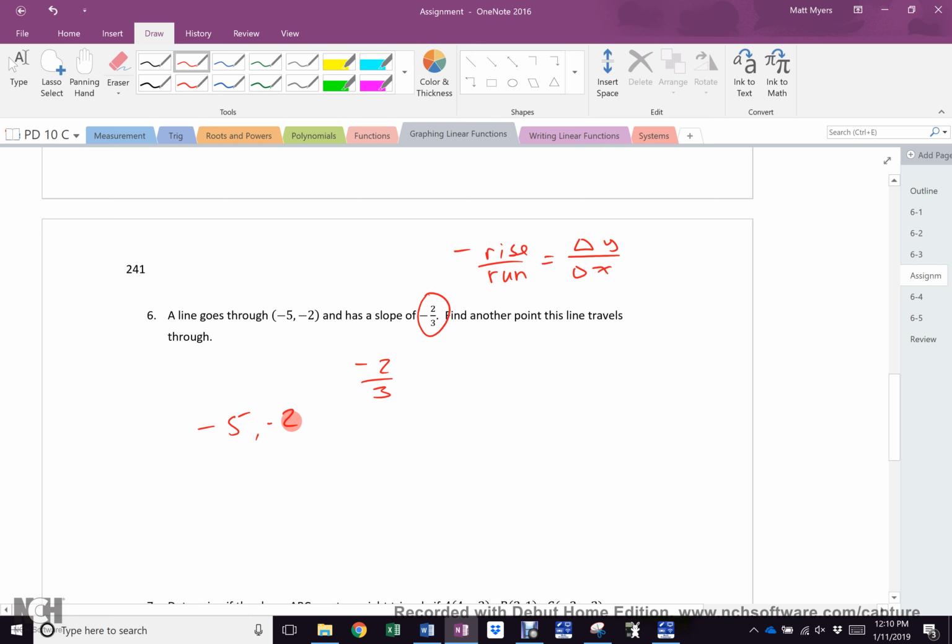What is 2 spaces down from negative 2? Negative 4. And then I must go 3 spaces positive from negative 5. What is that? Negative 2. Or I could have added 2 to here, which would have taken me to 0, and then subtracted 3 from there, which would have taken me to negative 8.